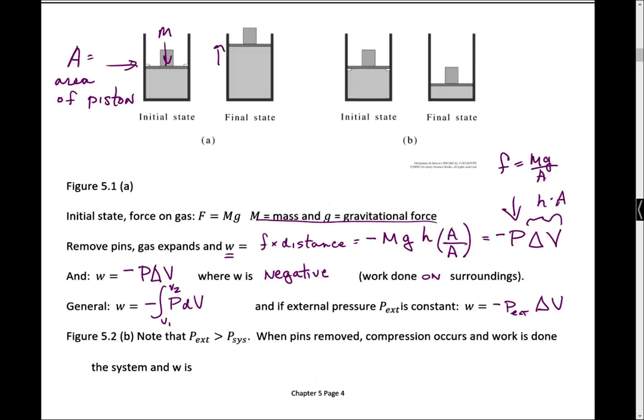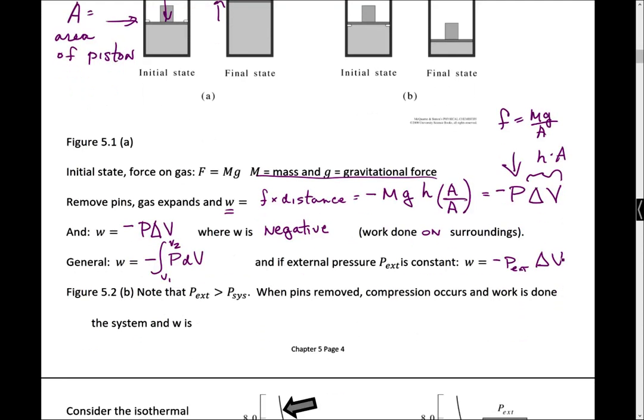All right, and then if we look at this side B, we have a situation where, again, we've got this external force. We've got the pins on the underside. I pull the pins out and I see a compression. That means the surroundings have done work on the system. And what's the sign of W going to be for this case? It's going to be positive, okay?